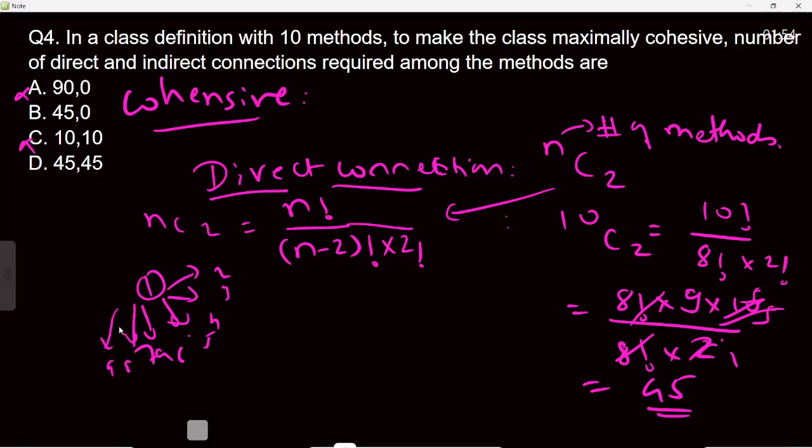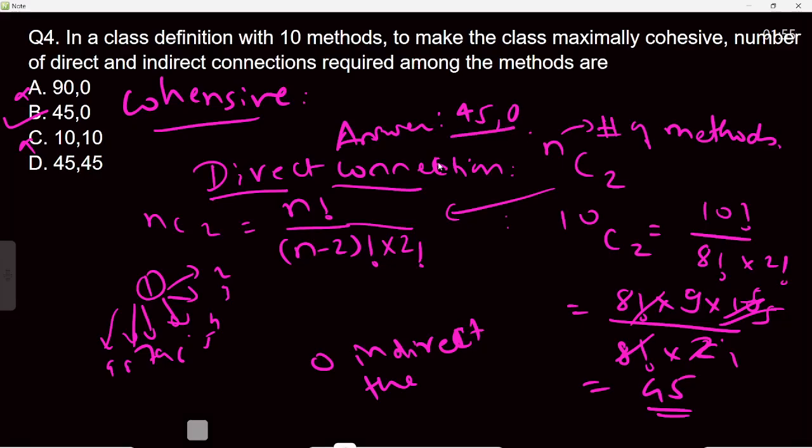So there is no need to make indirect connections. 45 direct connections and 0 indirect connections are required to make the class maximally cohesive. So 100% the correct answer is B, 45 comma 0. This was a very simple question.